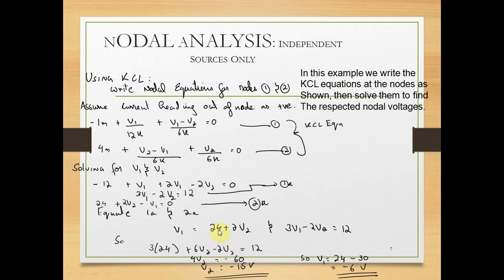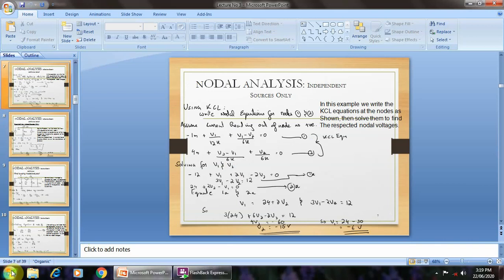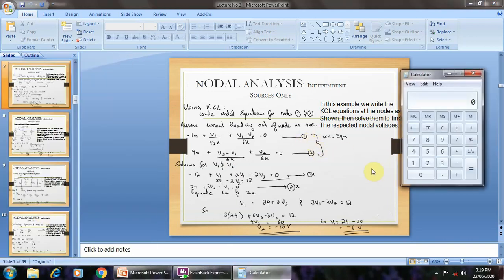Now we have to calculate. Let's go through the calculator and verify the result. There is 4V2 which is equal to minus 60. V2 is equal to minus 60 divided by 4, which is equal to minus 15. Therefore V2 is equal to minus 15 volt.